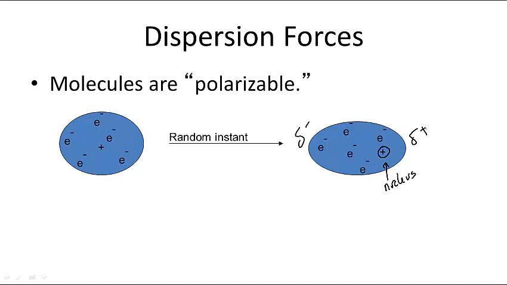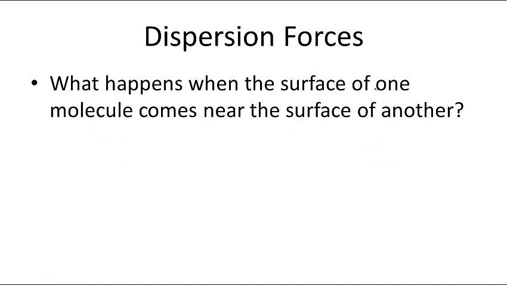Now that is only temporary, right? We call that a random dipole. But it exists for a short period of time. So due to random movement of electrons, one side is partially negative and one side is partially positive. So now what happens when the surface of that one comes near the surface of another?